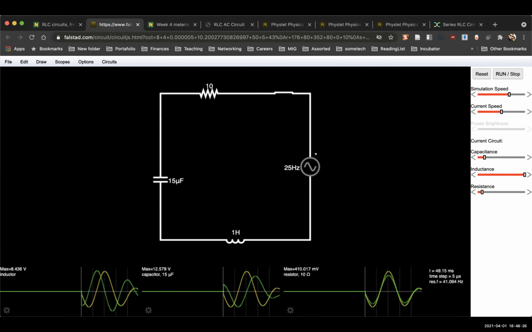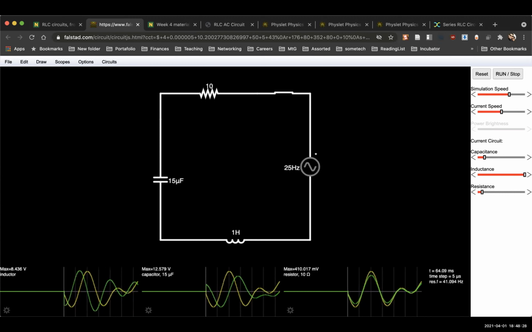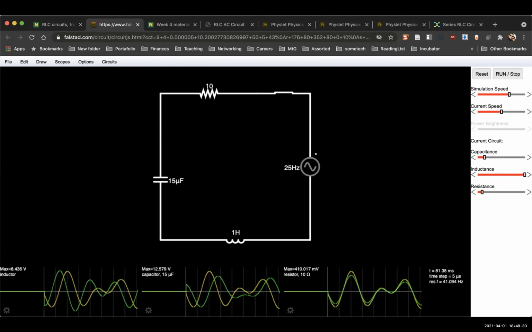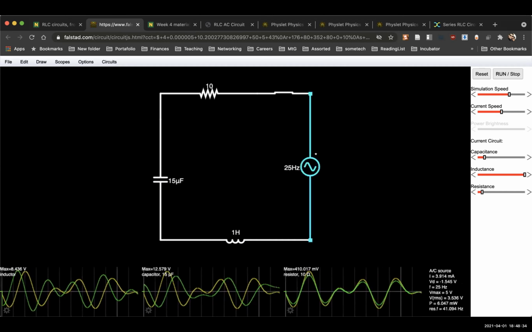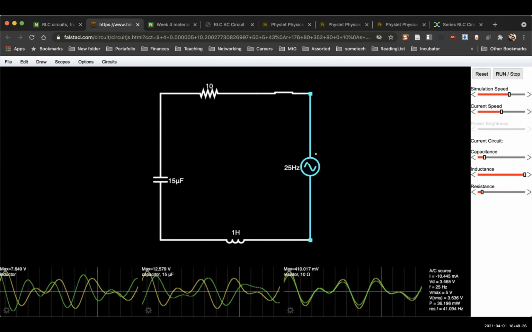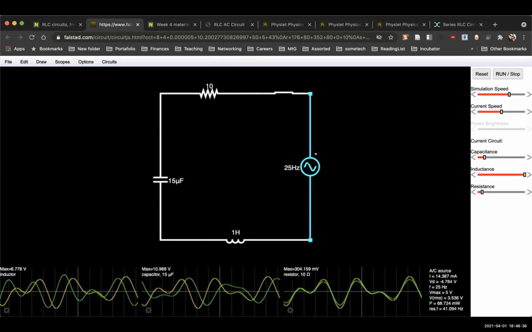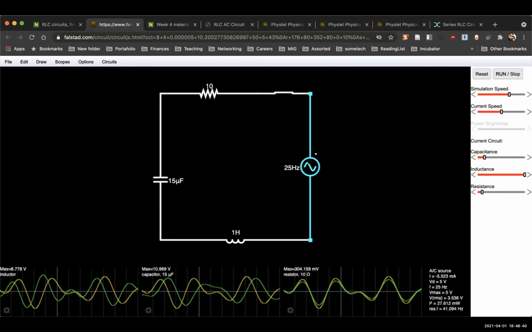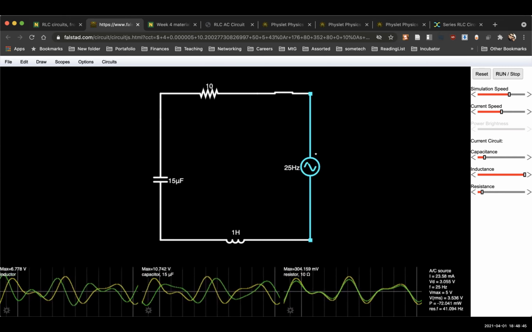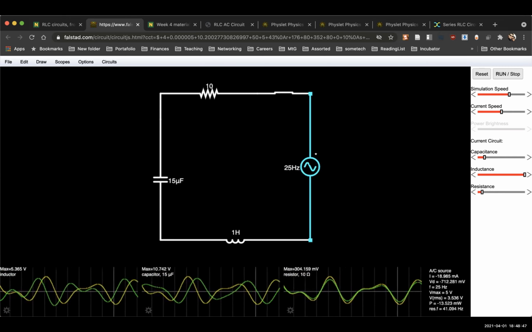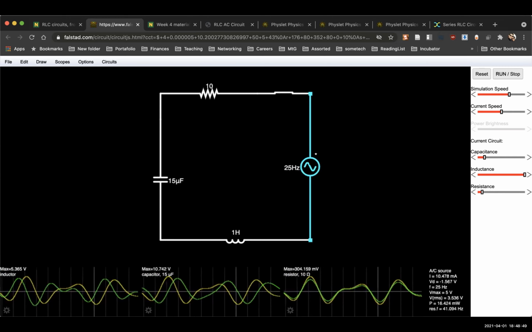Again, a series circuit with an inductor, a capacitor, and a resistor, and a variable power source supplying 5 volts sinusoidally.